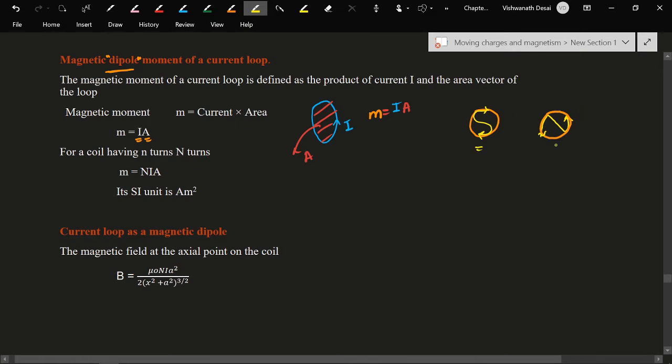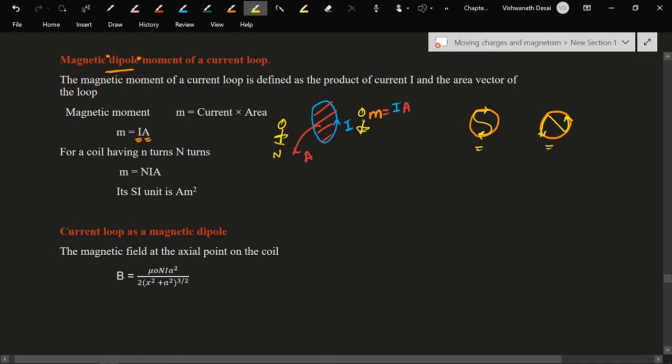But here we considered two coils separately. Now observe one coil with two observers, one on each side, and the coil is between them. For one person the current is in anti-clockwise direction, so it appears like a north pole.